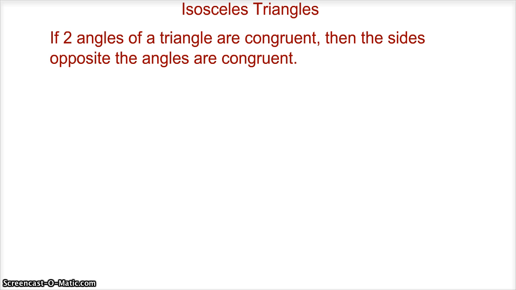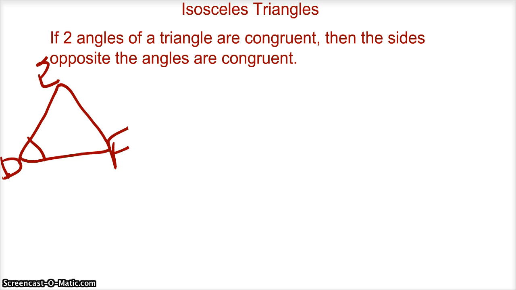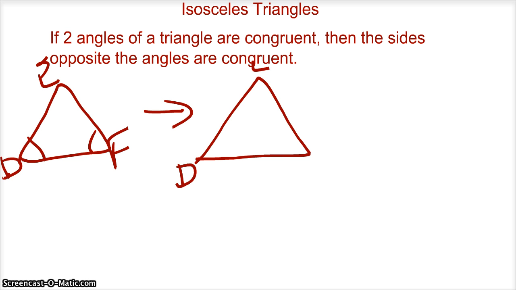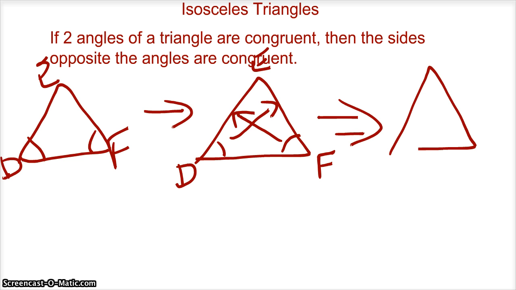So, the picture looks like this. D, E, F. This angle and this angle, they told you are congruent. Then the sides across from them, D, E, F, are also congruent.